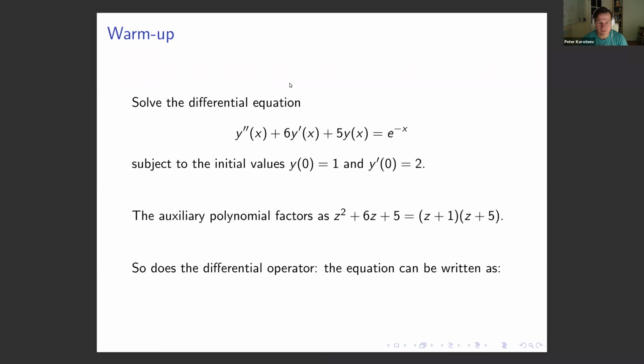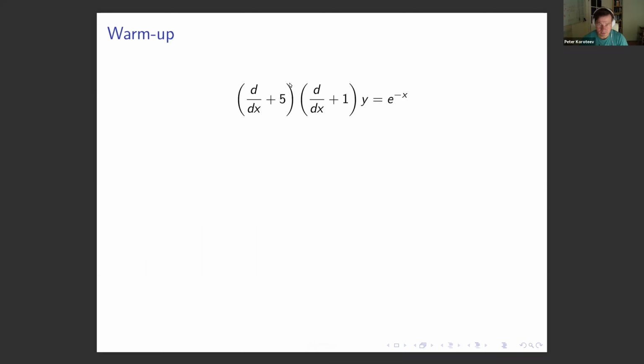So does the differential operator, right? So the equation can be written as the composition of two differential operators, d over dx plus 5 times d over dx plus 1 acting on y equals e to the negative x.